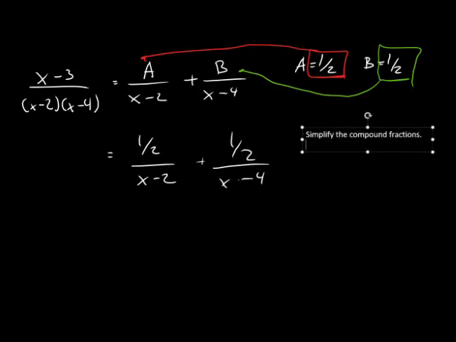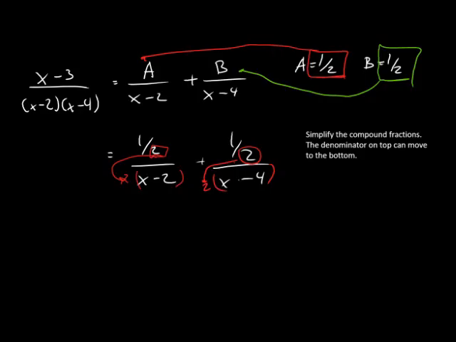When you have compound fractions, the denominator of the top can move to the bottom. This means this 2 can move to the bottom. When we move that 2 to the bottom, we'll place parentheses around the x minus 2. We will do the same thing with the other 2.